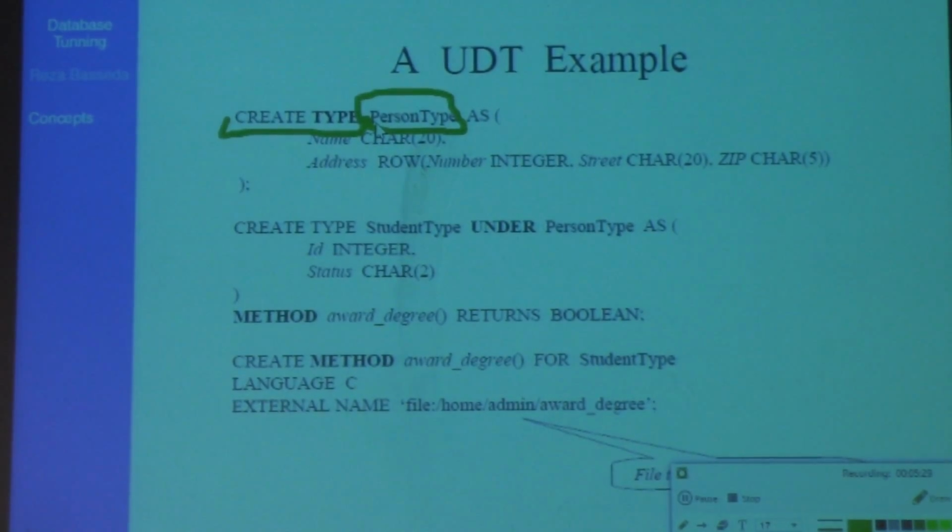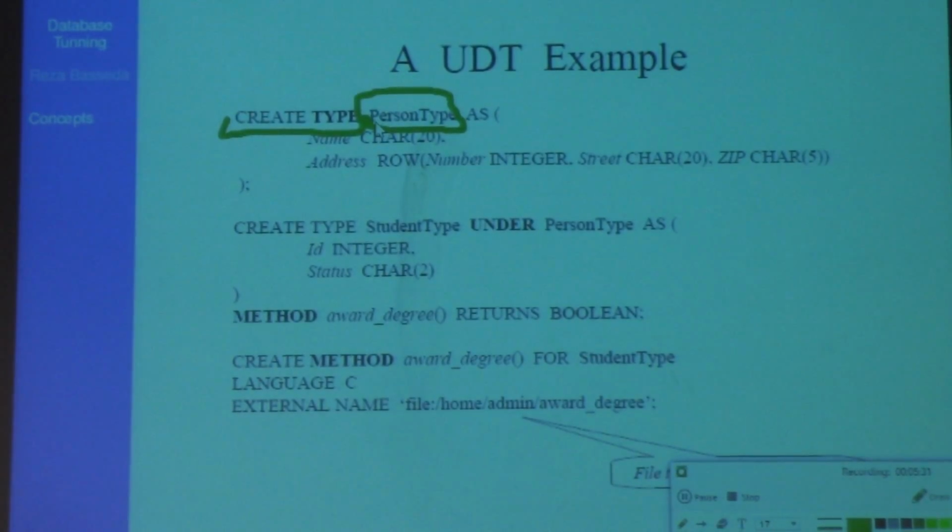From a database perspective, internally it keeps it as a table, but now you need to think of it as a complete object. When you define this type, person type, and instantiate instances of it, those instances will get a unique object ID. They will be stored and managed in a different way.